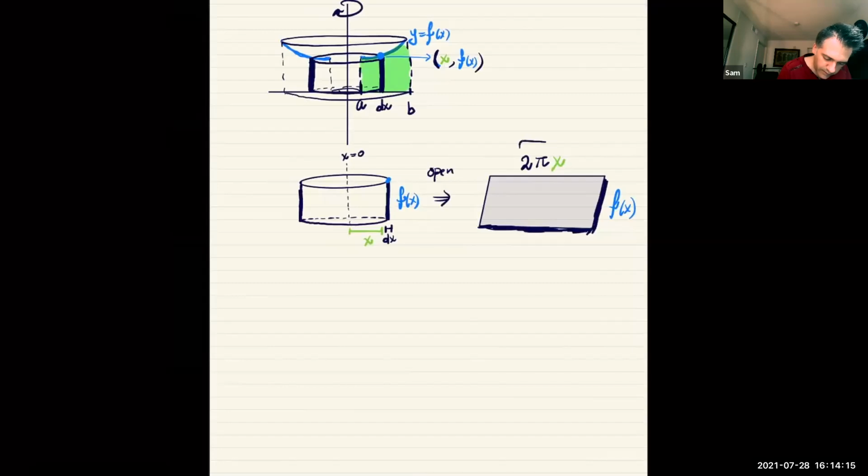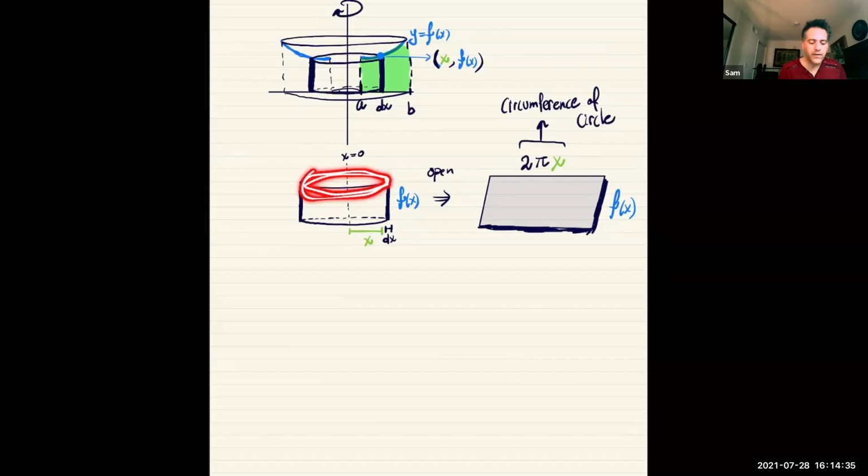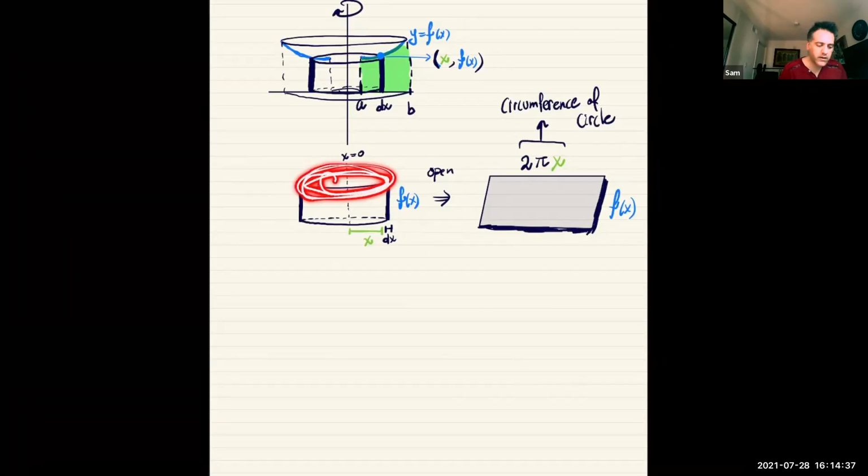So again, this here is the circumference of the circle. This circle's circumference is the same as this length.